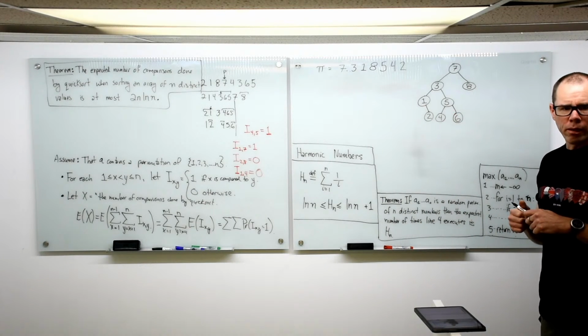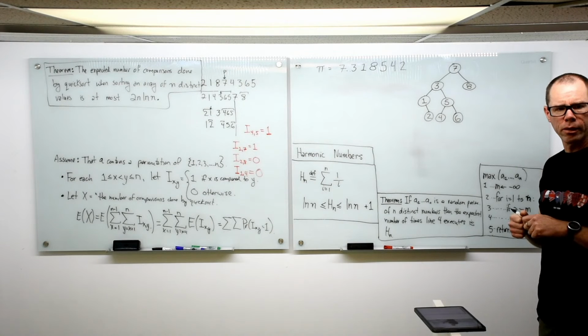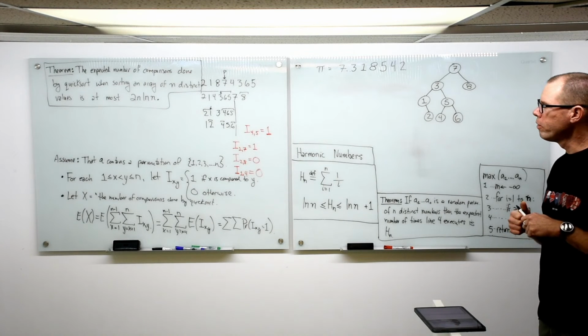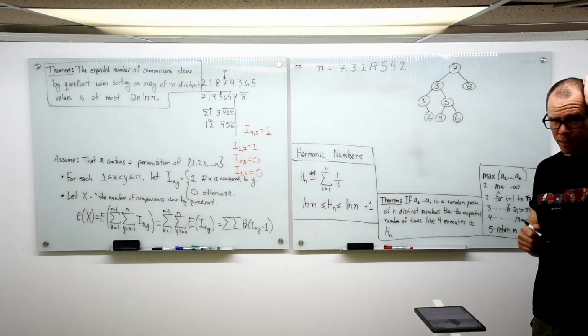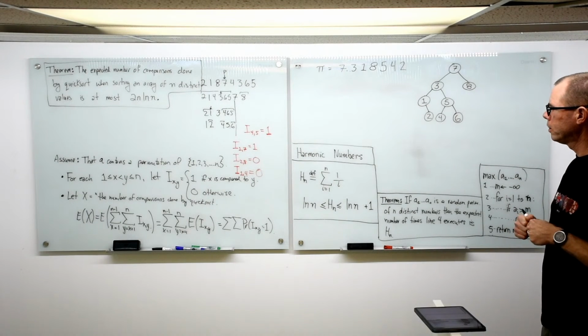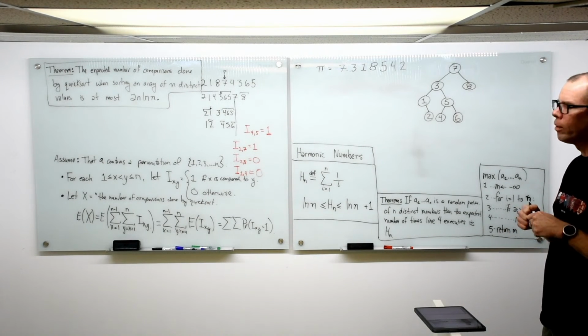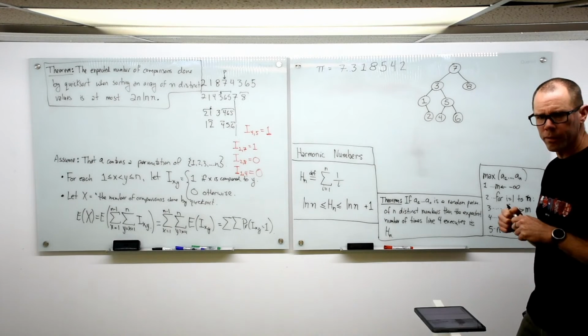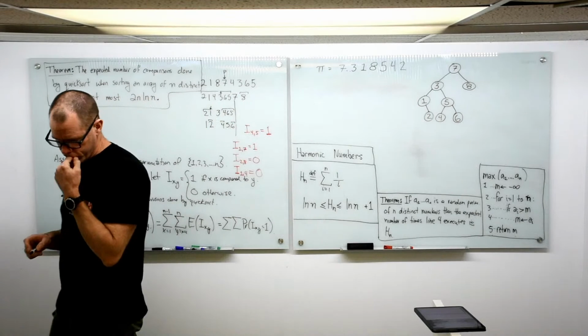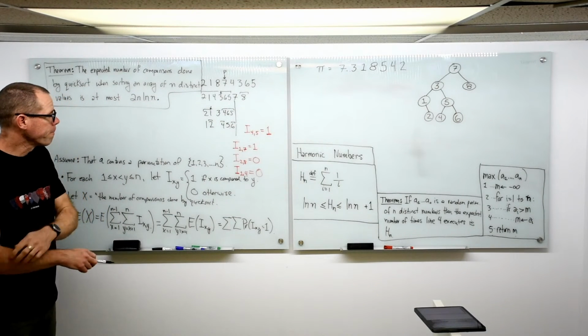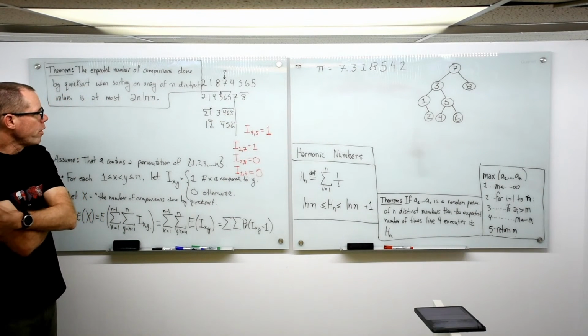Does it look familiar? Does it sound familiar? Even if you haven't taken COMP2804 or you're not taking it with me, does that definition of a random binary search tree sound familiar? Think about it for a few minutes.